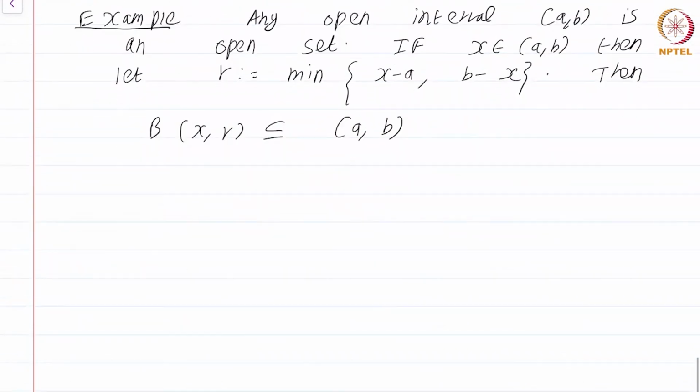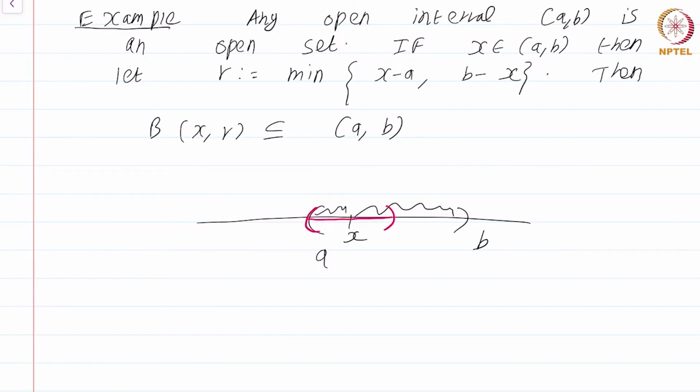So what this says pictorially is, if I choose the open interval (A,B), choose the point X here, I am looking at the minimum of these two distances, and setting it to be the radius R. Then all I'm saying is, when you do this R radius ball around the point X, that is fully contained in (A,B). That's the way R was chosen.